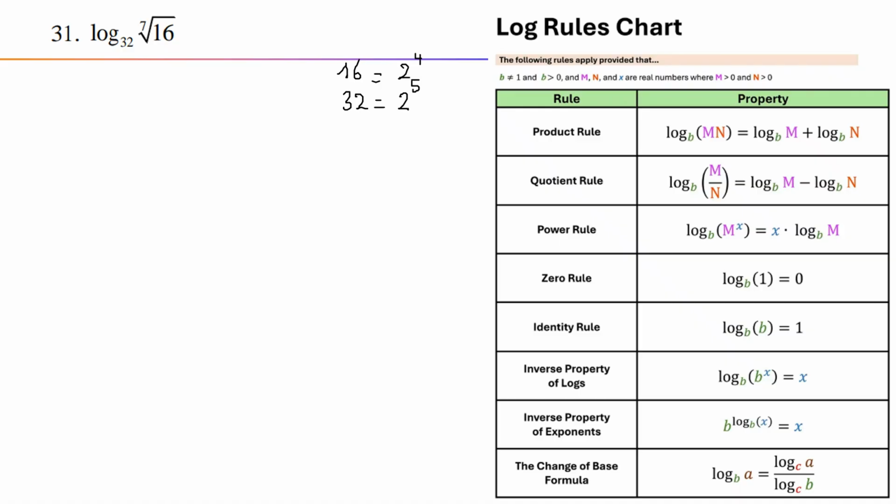And remember we have the root: the r-th root of a to the power p equals a to the power of the top over the root at the bottom. So the 7th root of 16, we will rewrite as 16 to the power of 1 over 7.